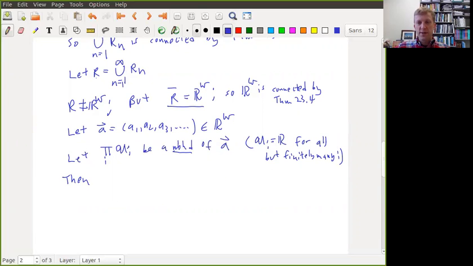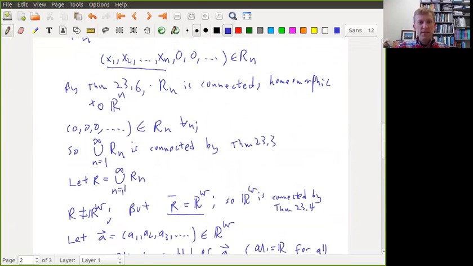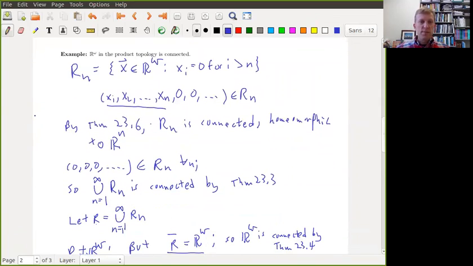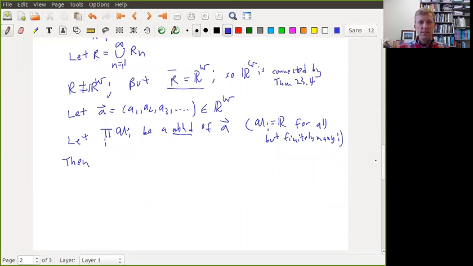Remember what these R^n are: the set of all points where all the coordinates after a certain point are 0. That lends itself well to working with this neighborhood, since U sub i equals R for all but finitely many i, so for any element of this set, the coordinates after that point can be any real numbers.